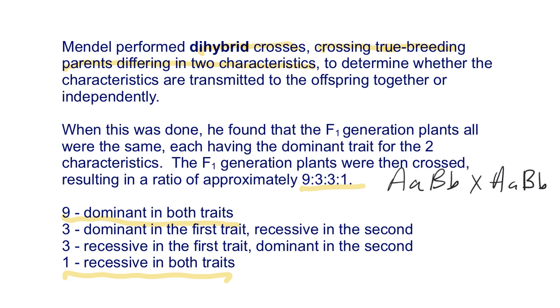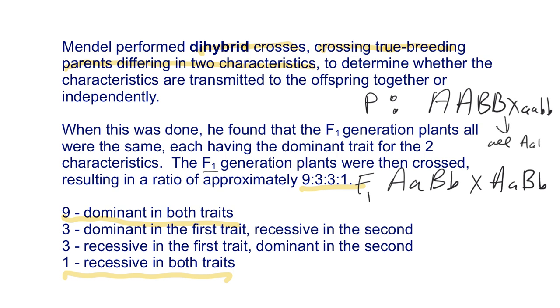That'd be the parental cross, two purebreds. The result of that would be the F1 generation. This would make all A a B b kids. And then you take those kids and you self-cross them.